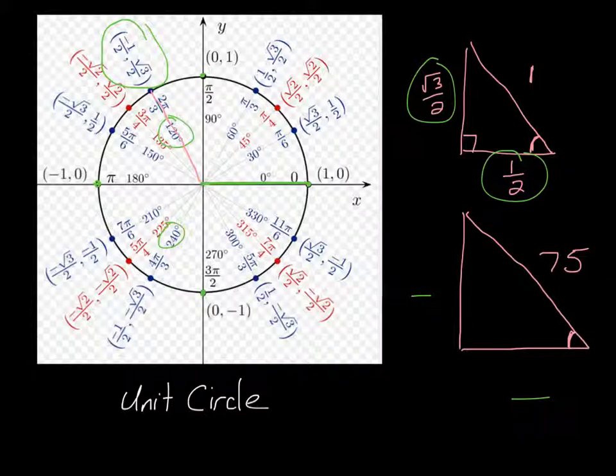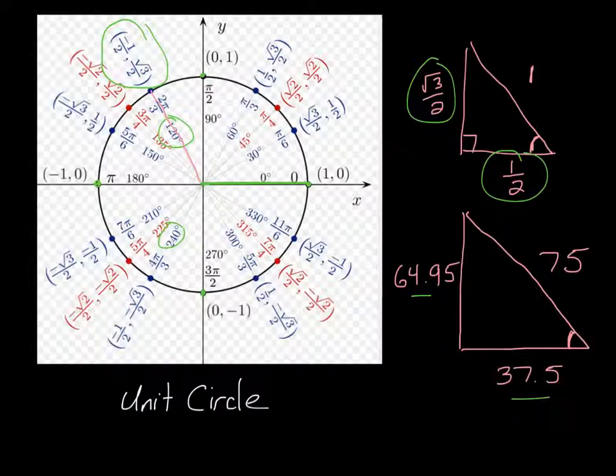So I'd multiply 75 by the square root of 3 divided by 2. When I do that, I get 64.95. And when I multiply 75 by half, I get 37.5.